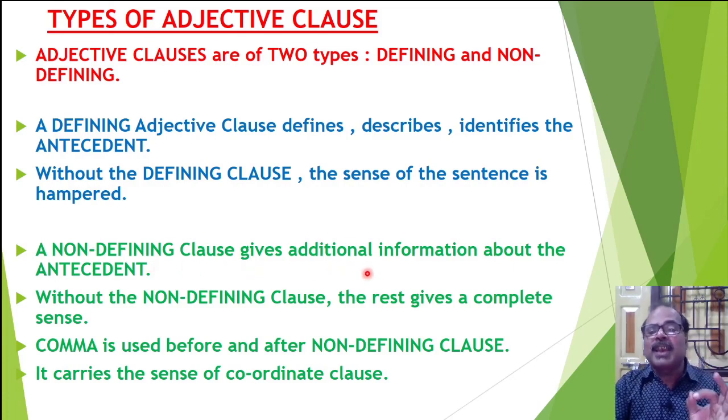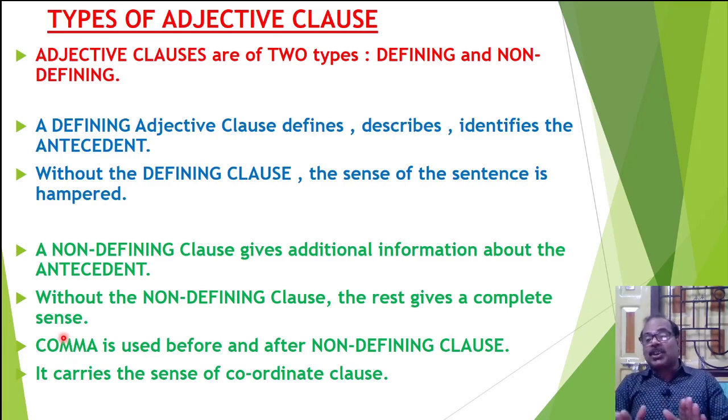Now, what is a non-defining clause? A non-defining clause gives additional information about the antecedent. It gives a little extra information about the antecedent; that information could be omitted, it is not important, it is not the integral part of the sentence. Without the non-defining clause, since it is additional information, the rest of the sentence gives a complete sense.